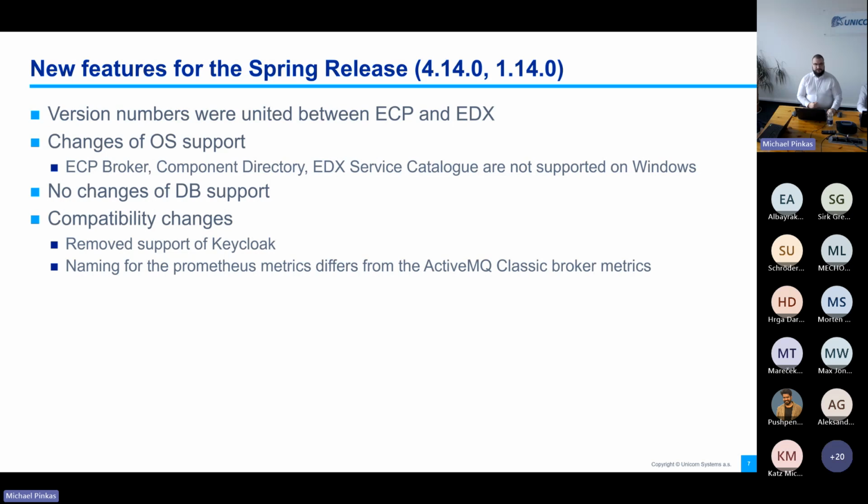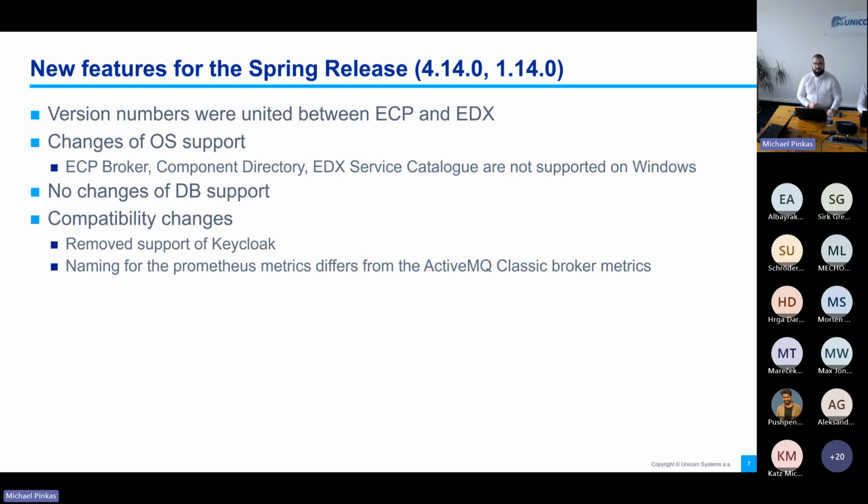Now maybe let's focus a bit more, but still kind of high level, on the changes specifically in the spring release. The first change that you will see is the change of version numbers.